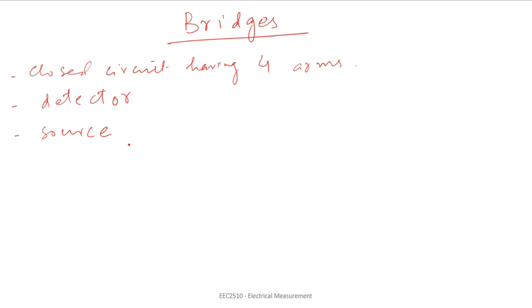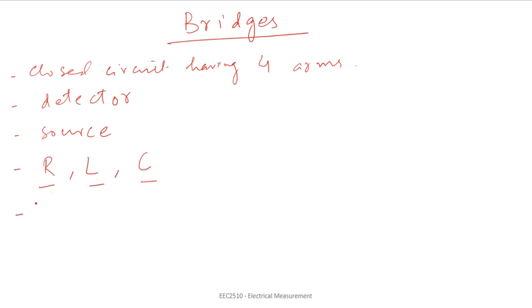Now these bridge circuits, most of the time, are used to measure different components like resistance, inductance, and capacitance. Okay, so we have different bridge arrangements for measuring each of these components.